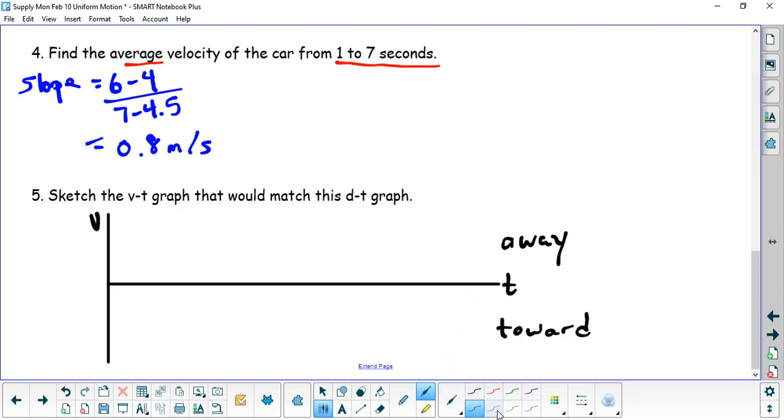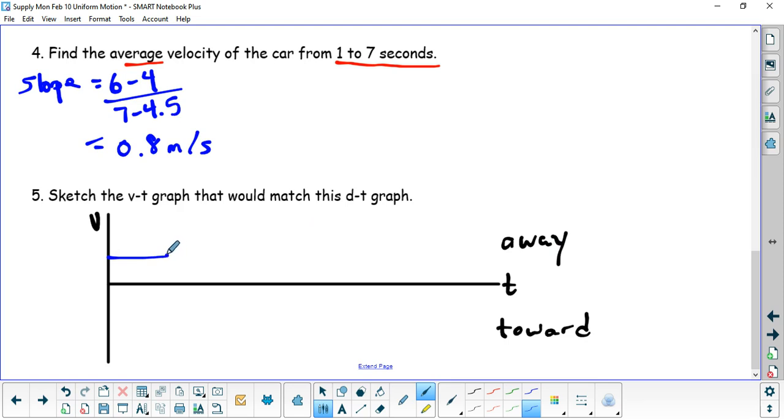That's all it is. It's a vector value. And because it's a vector value, it has a direction and a number. The direction, away or towards, and the number, the actual physical value. So the first part, it said it was moving at a constant velocity away. So a constant velocity, a constant number above the line.